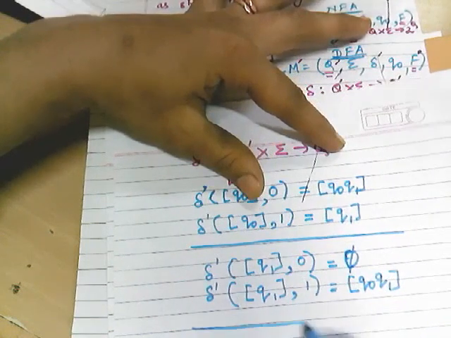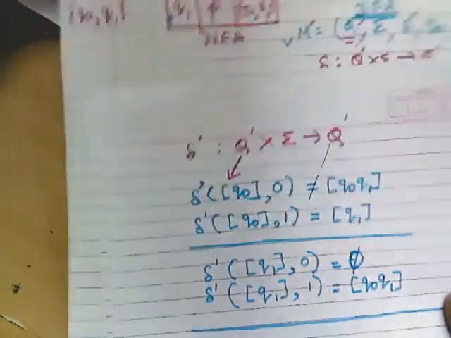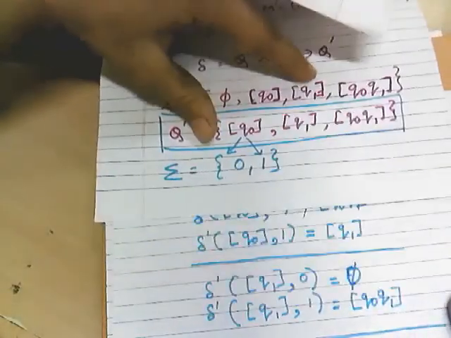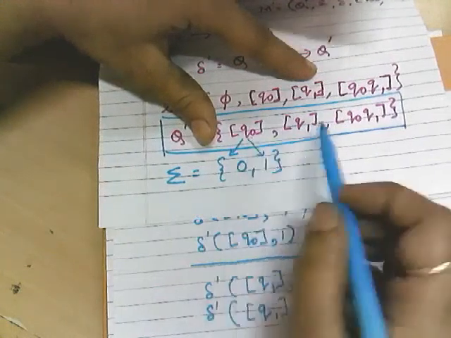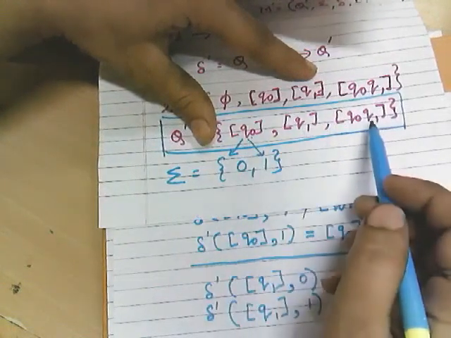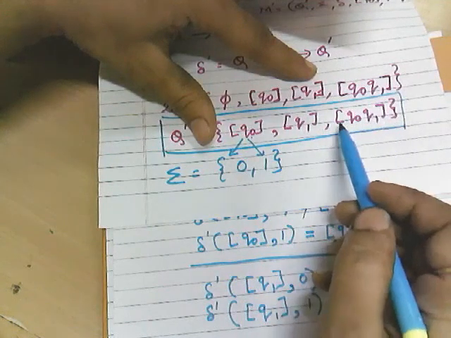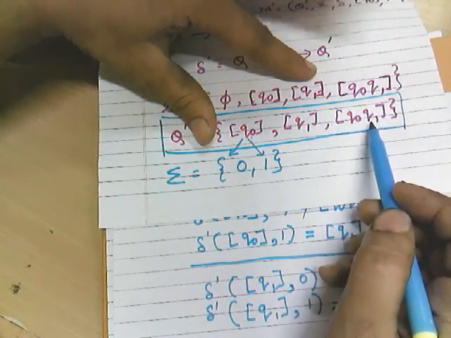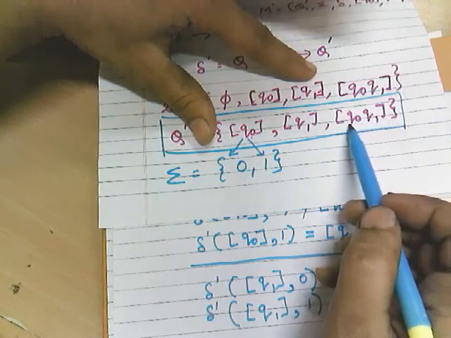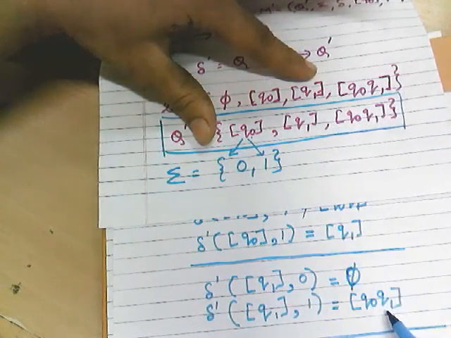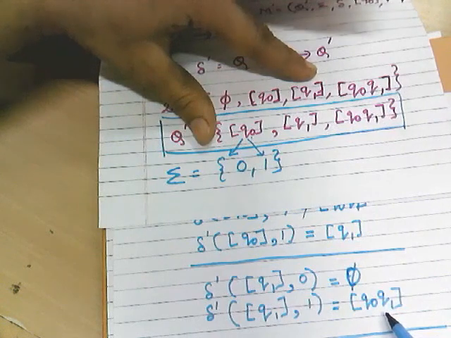Now remember, since our number of states in this Q dash are, how many states are there? q0, q1 and q0 q1. So we also have to consider what will happen for this combination if 0 is given to this state, because this is now one state in our final converted DFA.